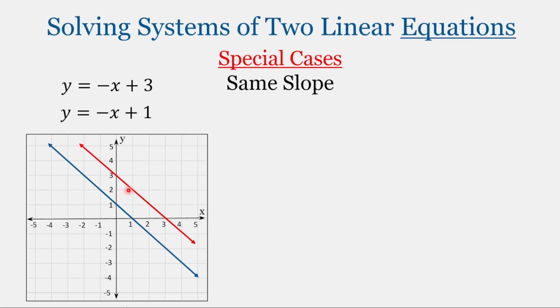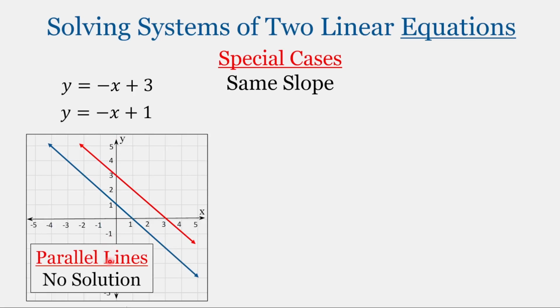And these two lines, again, in our two-dimensional xy coordinate plane, are never going to cross each other. They have the same slope. They're changing at the same rate. These are parallel lines, and we end up with no solution. They never cross. They have no points in common.